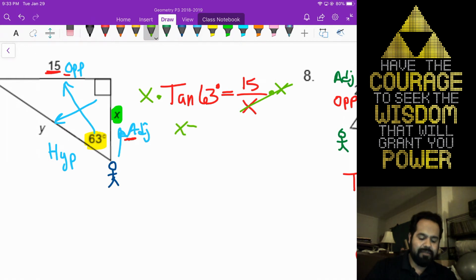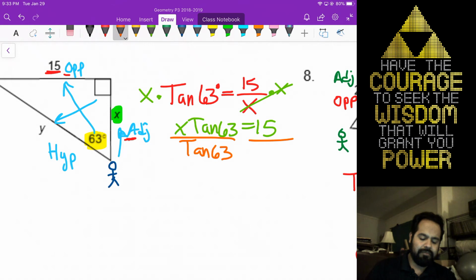So then x tangent of 63 equals 15. Need to get x by itself, so divide both sides by tangent of 63. And then you're going to type that in your calculator.